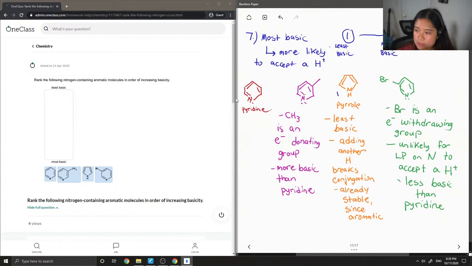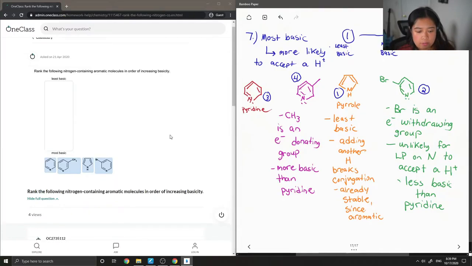The least basic is the pyrrole. And then secondly, it's the pyridine group with the bromine. And then third is just normal pyridine. And then the most basic is the pyridine with the CH3 electron donating group.